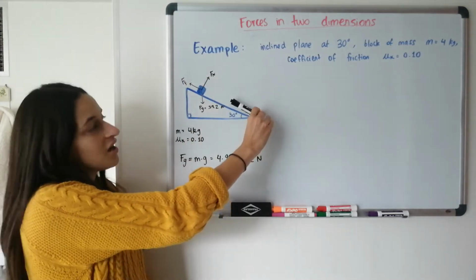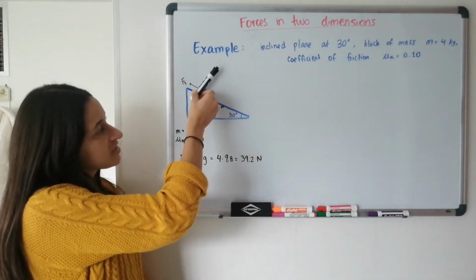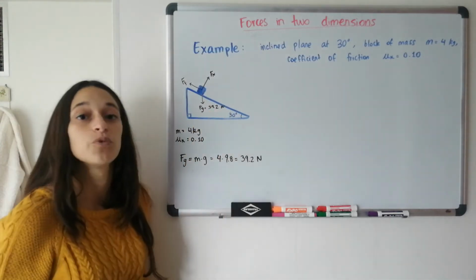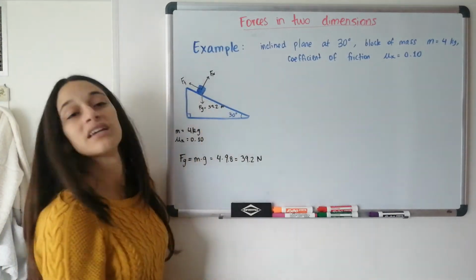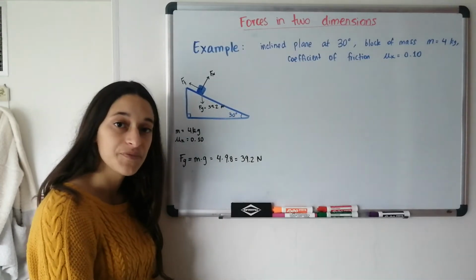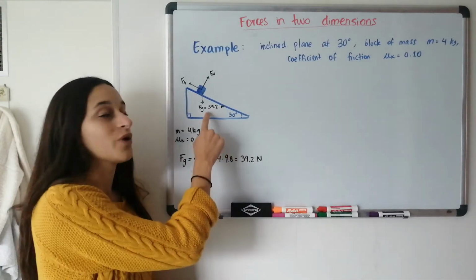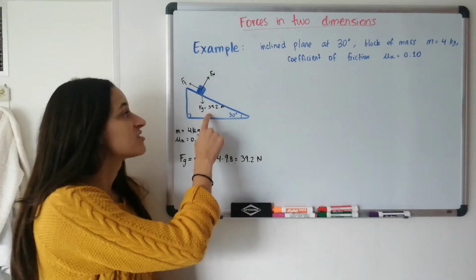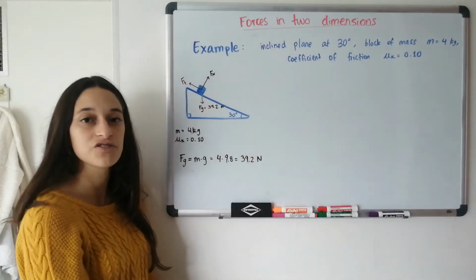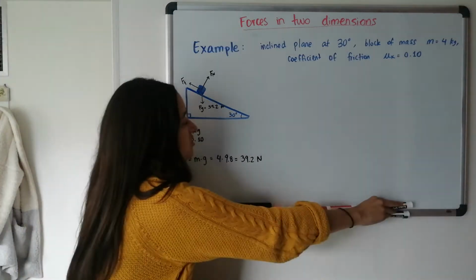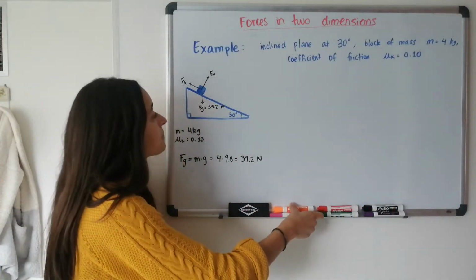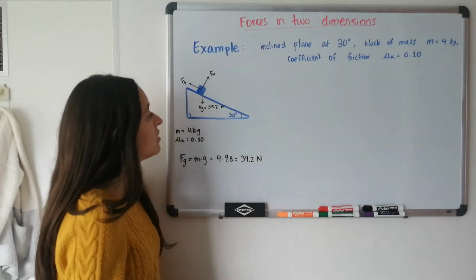So the force that is not parallel nor perpendicular to this direction is actually weight, the force of gravity. So in inclined planes, we will always divide the weight into components. So now it's not going to be normal force, it's not going to be friction force. The force that we're going to divide into components is the weight. That will always be the case in inclined planes.